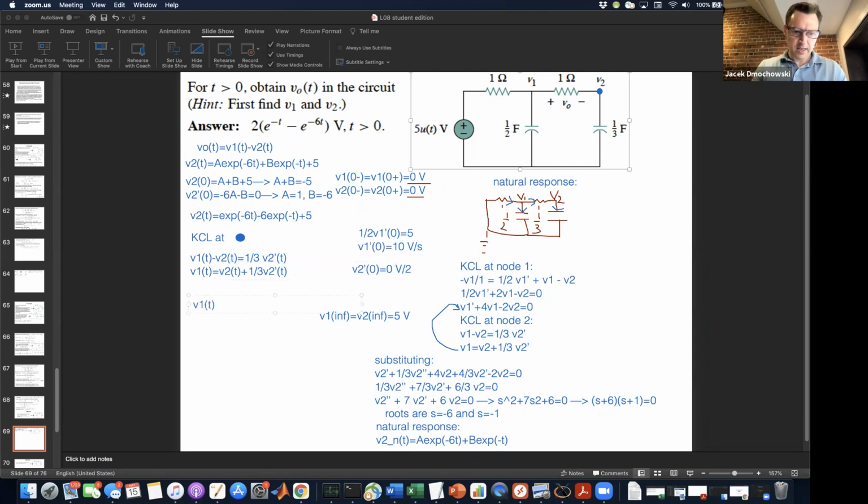V1 of t is equal to V2 of t, which is exponential minus 6t minus 6 exponential minus t plus 5, plus 1/3 the derivative of V2(t), which is minus 6 exponential negative 6t plus 6 exponential negative t.